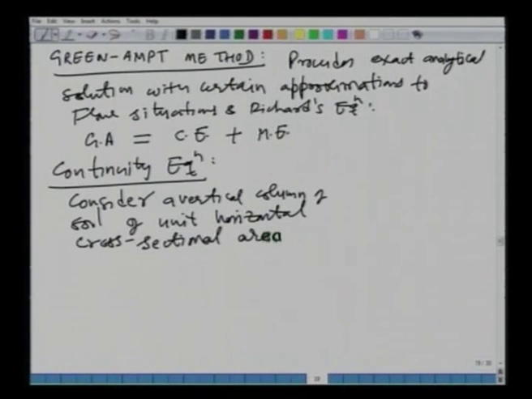Within that framework which we have just seen, let us take that we have a cylinder.